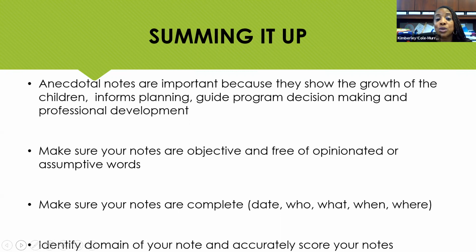Make sure that your notes are complete, in that they include the date, who the note is about, what happened, when, and where. And finally, when you are scoring your anecdotal notes, make sure that you identify the category and the item, and then score your note appropriately for that level. Thank you.